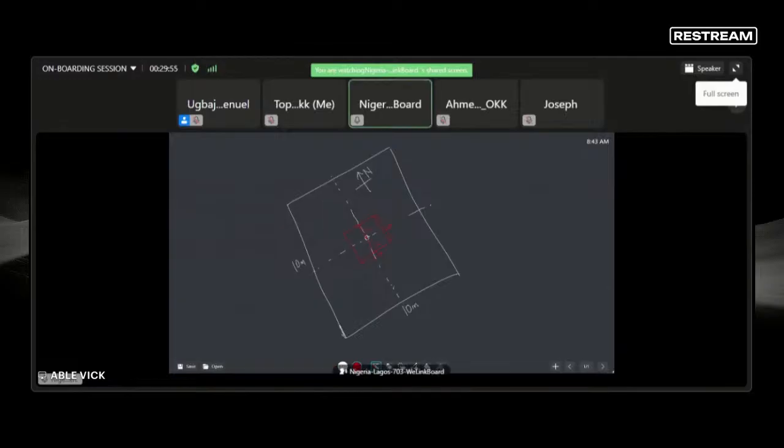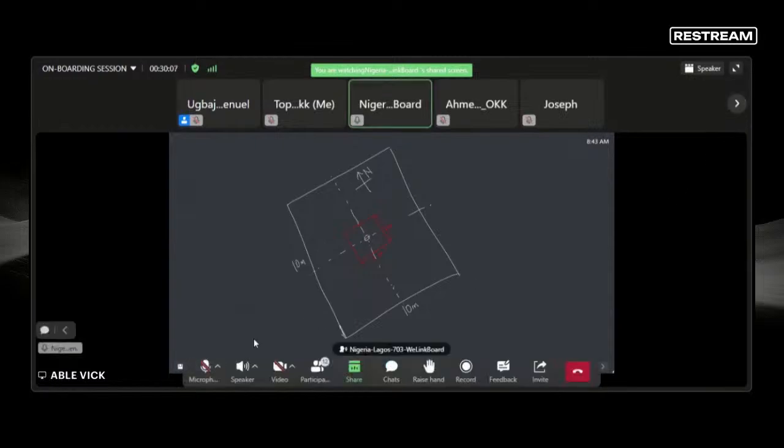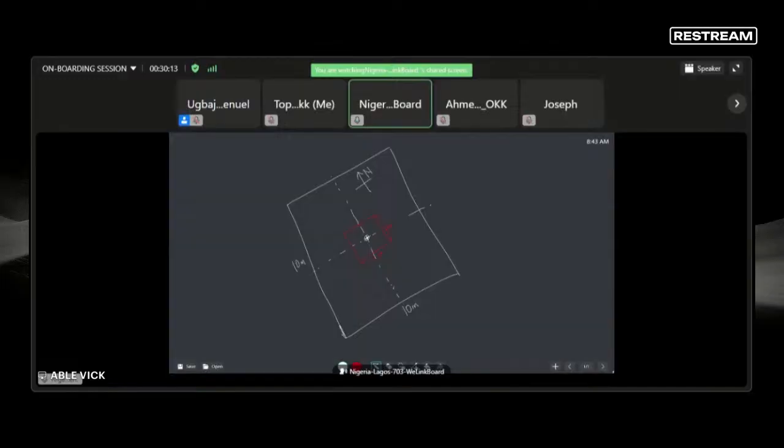So to get your first guide wire point, you are supposed to go 5 meters towards the north. From the middle of this tower, we'll call it point C. From point C, you go 5 meters towards the north.